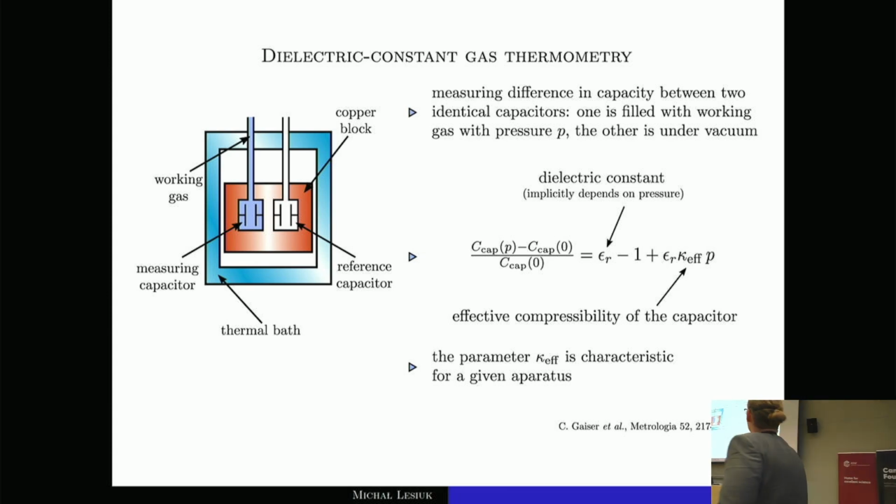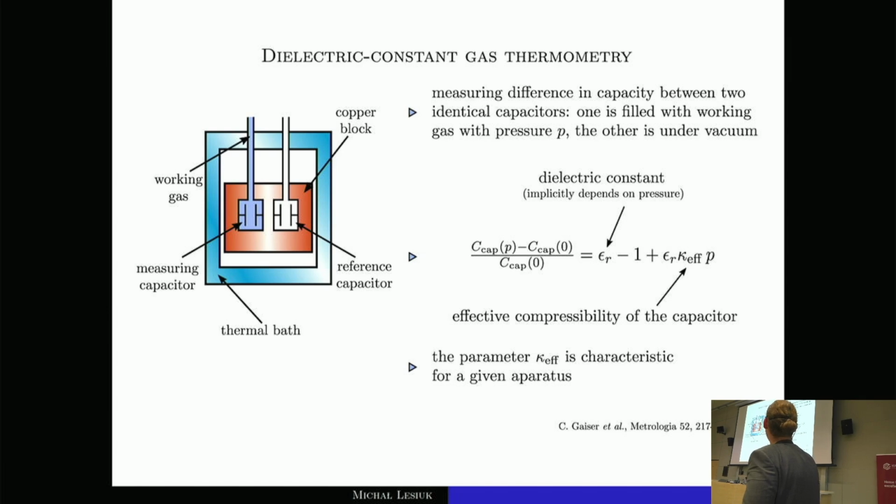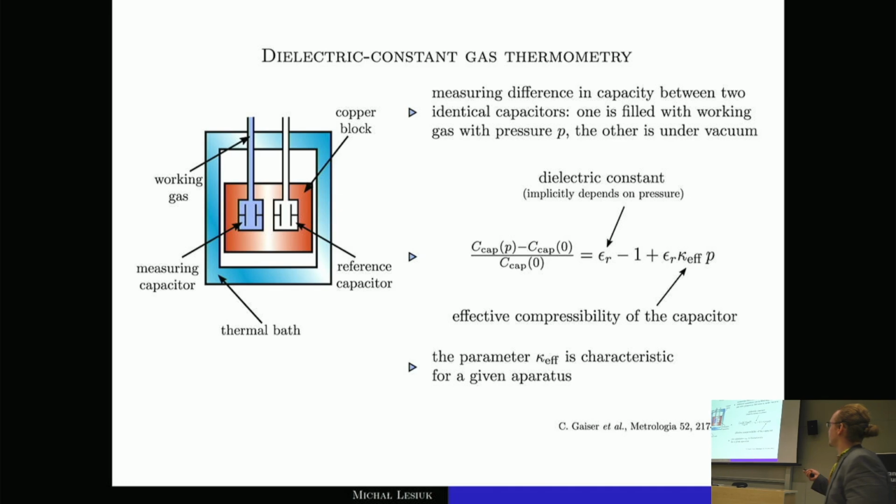The idea is that you have two capacitors embedded in a large copper block. These capacitors are identical, but one of them is filled with the working gas, and one is under vacuum. What you measure is the difference in capacity between these two capacitors.